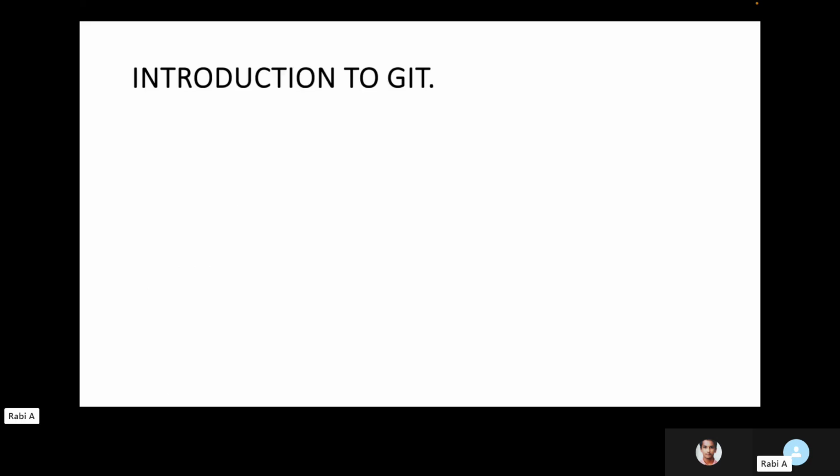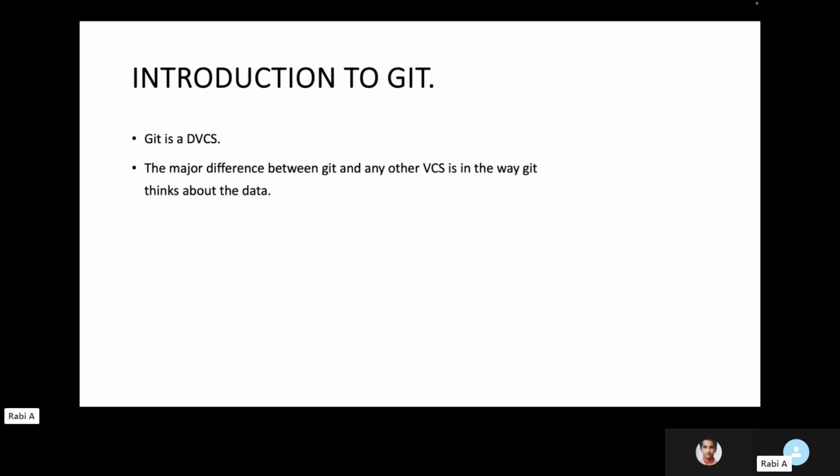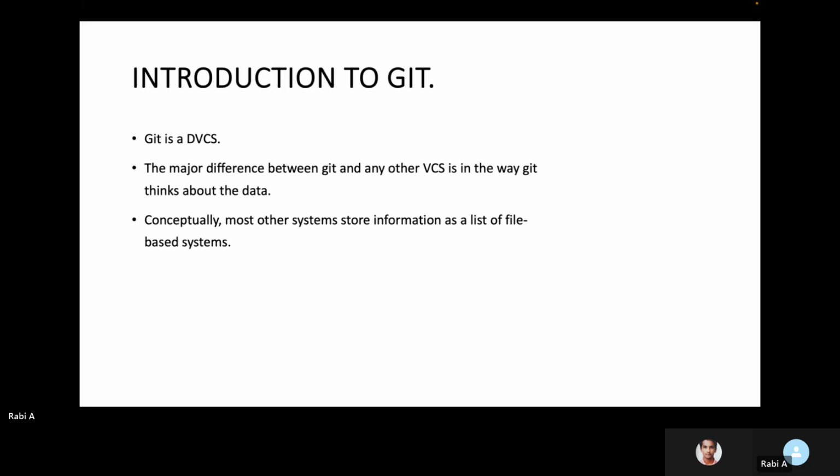So talking about the introduction to Git, Git is a DVCS, a distributed version control system. And the major difference between Git and any other version control system is the way Git thinks about your data, the way Git treats your data. Conceptually, most version control systems store information as a list of file-based changes. They treat your data as files, like file 1, file 2, file 3, file 4, and so on.